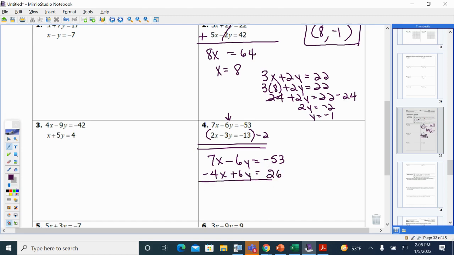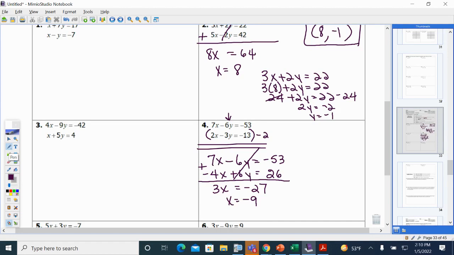And then all I need to do is add the two equations together, and you can see that the y's will eliminate. 7x plus negative 4x is 3x equals negative 53 plus 26, which is negative 27. Divide both sides by the 3 and you get x equals negative 9.